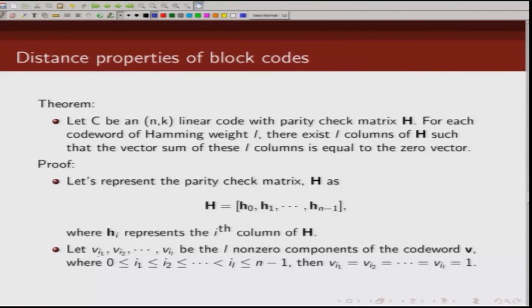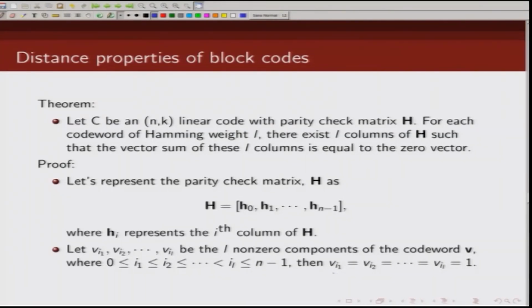So, let us say that at these locations i1, i2, i3, up to iL, the code word has non-zero components. Let the non-zero components of this code word v be denoted by v_i1, v_i2, v_i3 and v_iL, where without loss of generality we write i1 is less than or equal to i2 is less than or equal to i3 is less than or equal to iL is less than or equal to n minus 1.